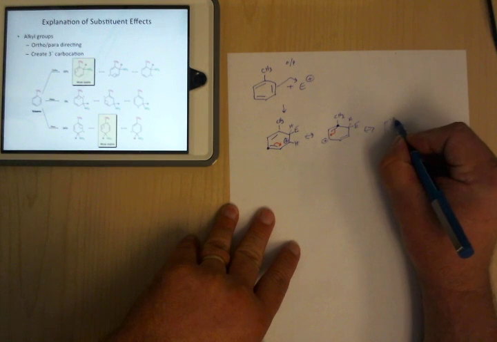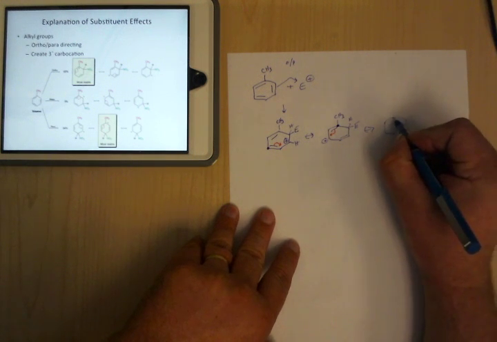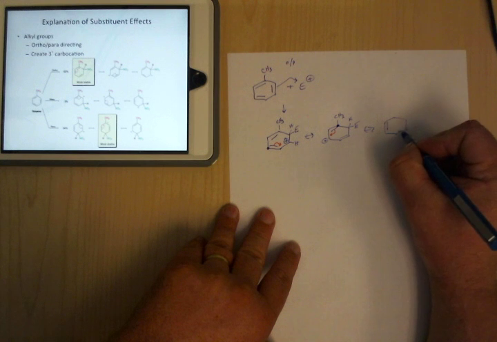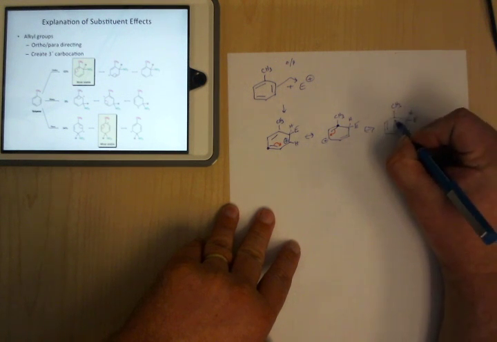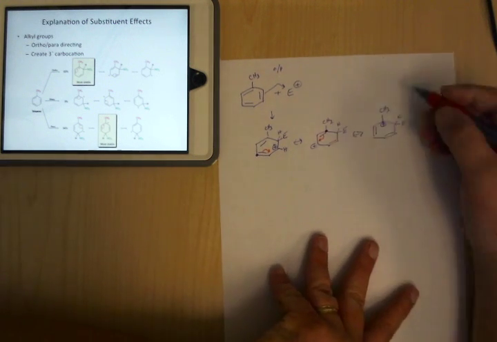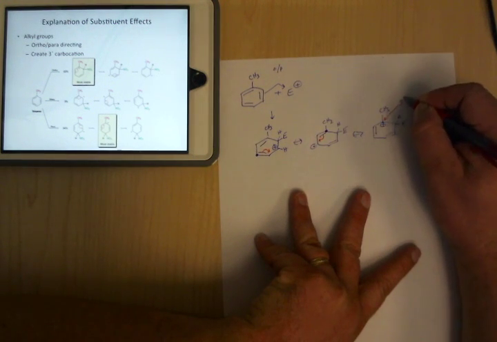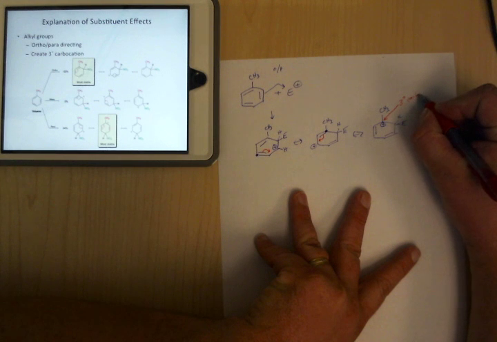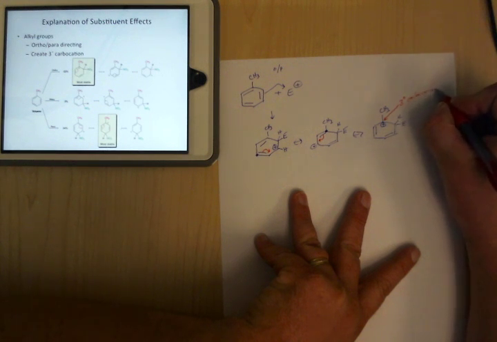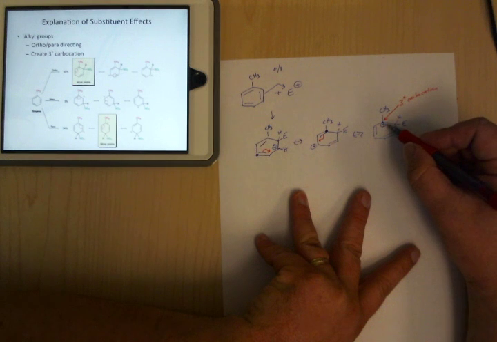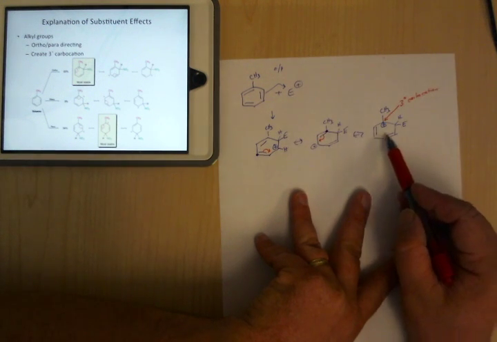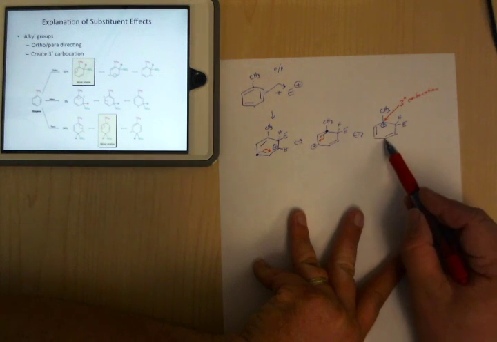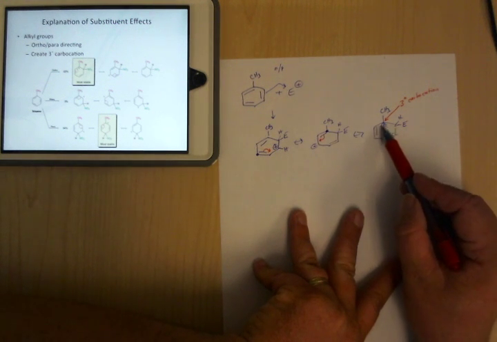Oh, look what happens. We put the positive charge there. That is a tertiary carbocation. Okay, that is a good thing. That's why if you were to put the E group, say here, you would still get this resonance structure where you put it there.